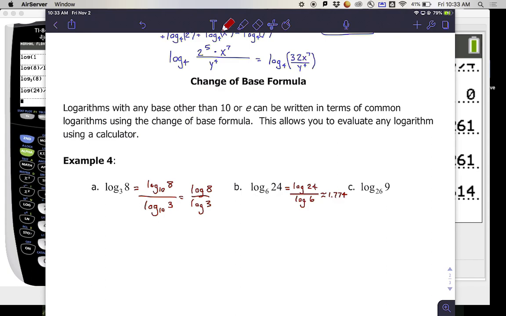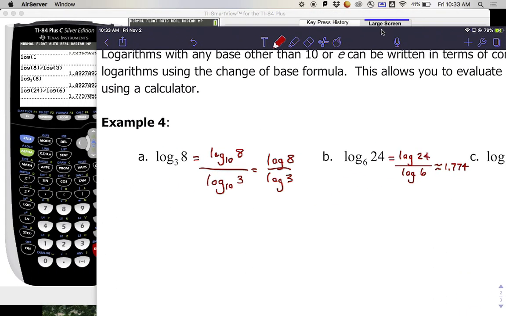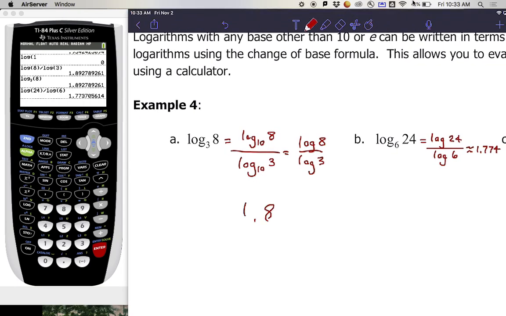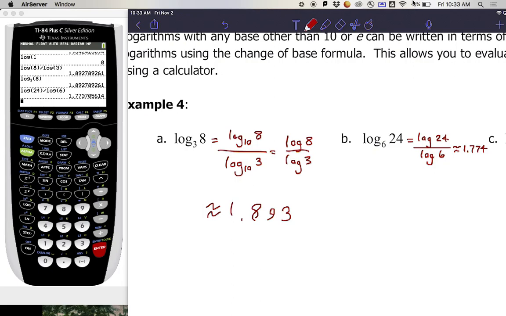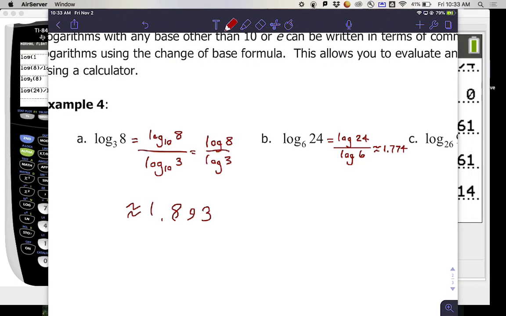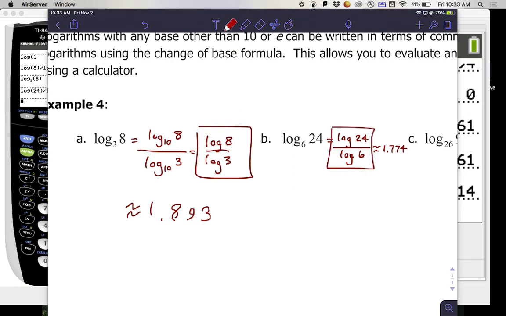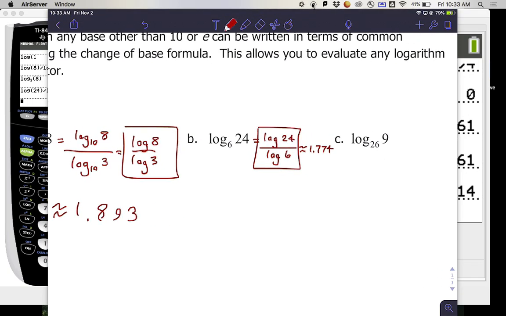Oh, I guess I forgot to write the answer to the last one there. Let's get that. That was 1.89. Okay, so just the big thing I would emphasize, especially for your test coming up here, is make sure you show these steps here, the change of base steps.